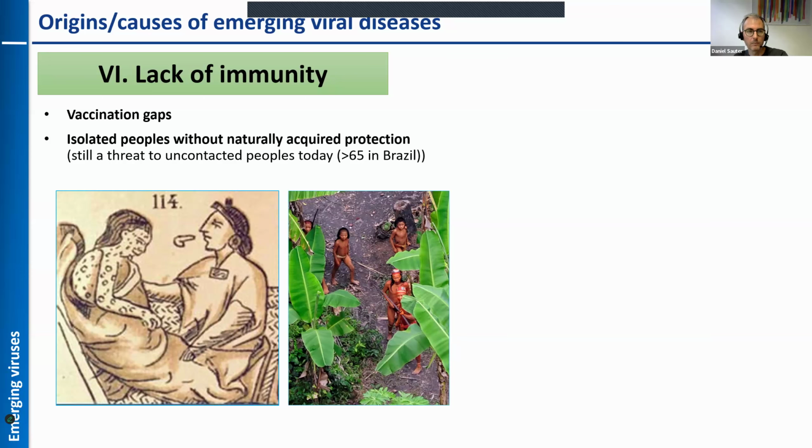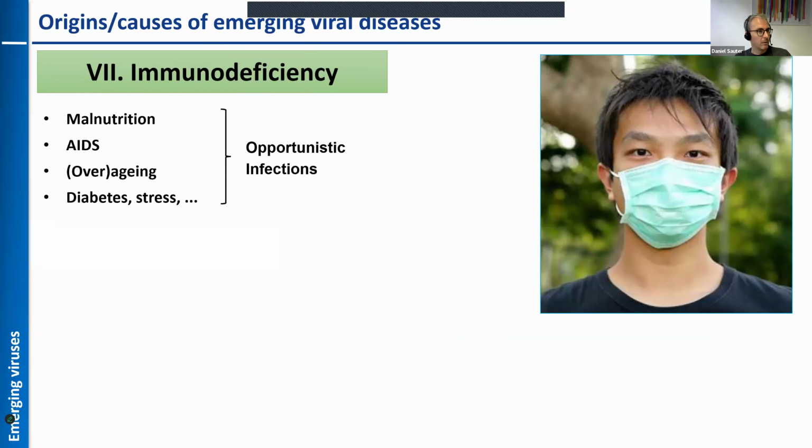Then lack of immunity is similar but different from immunodeficiency. So lack of immunity can be the result of vaccination gaps, but immunodeficiency can have a lot of different origins. So for example, malnutrition or HIV infections can result in immunodeficiency.